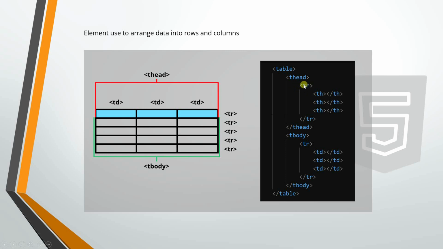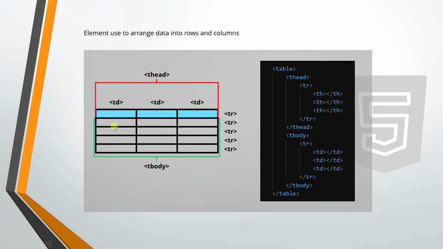We have the table row inside thead because we will be using a row to produce the header. And then we have the th for table header. As you can see, we have 3 th for 3 table headers. Then we have a closing header.